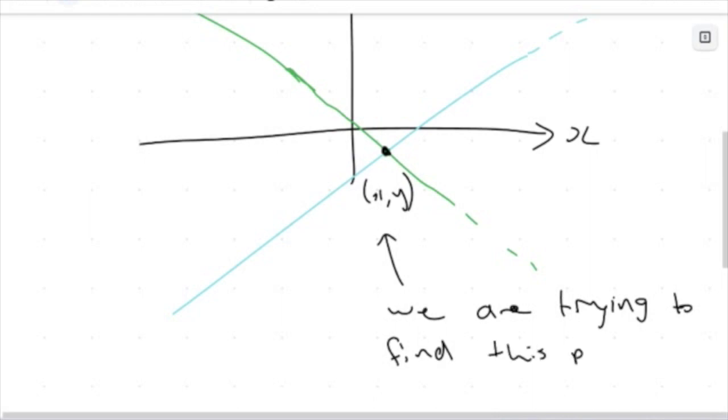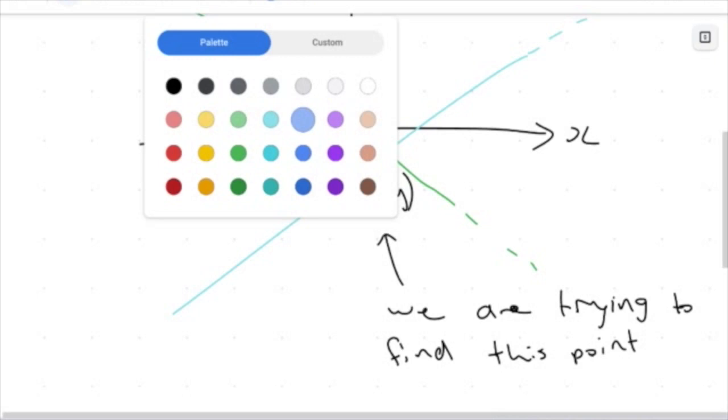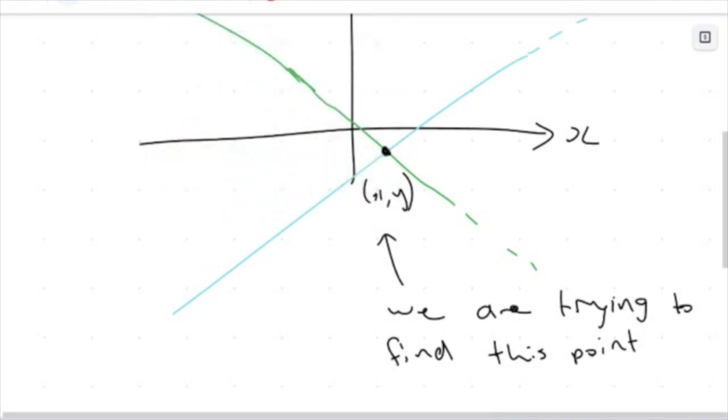A really important idea here is that this intersection point lies on both lines. So this particular point xy, if it lies on a line, it satisfies the equation of both. Remember, we've talked about this in previous videos: if a point lies on a line, it is a solution to the equation. It is a point which, when you put in the x and the y, makes the equation true.